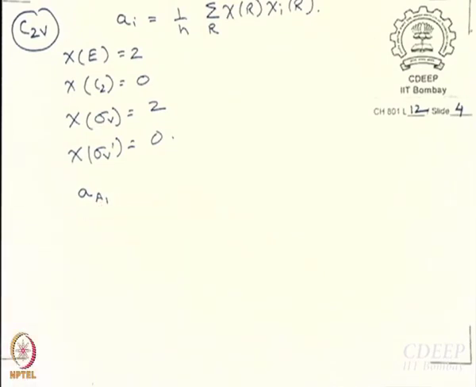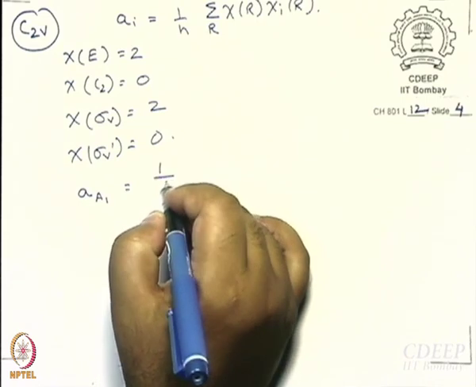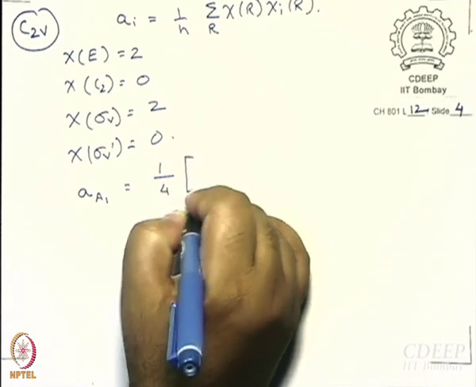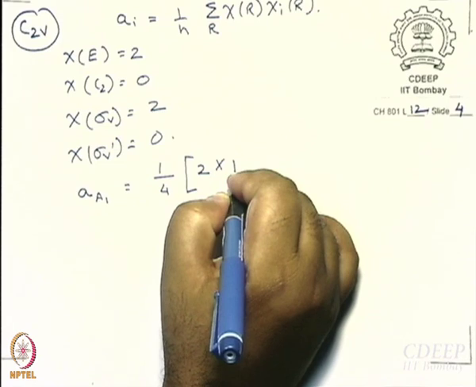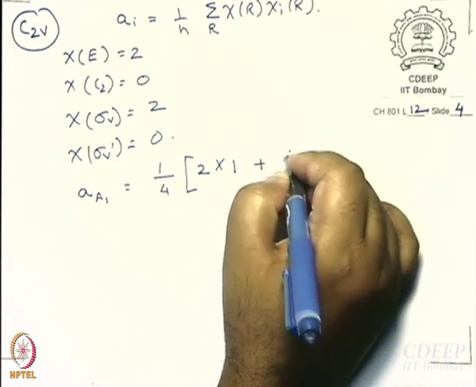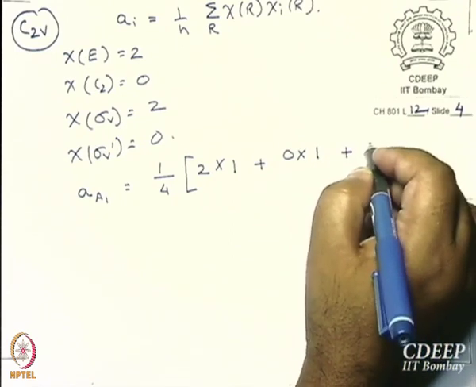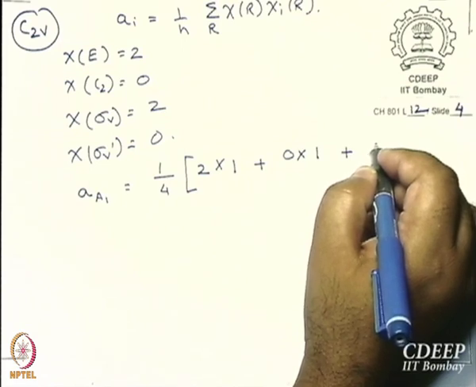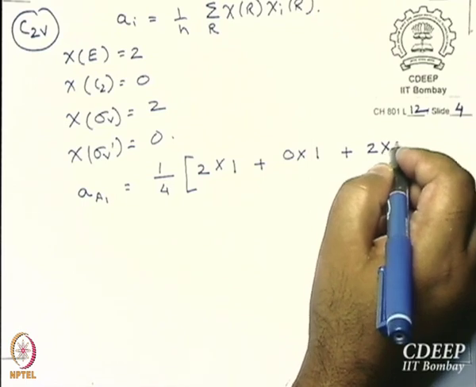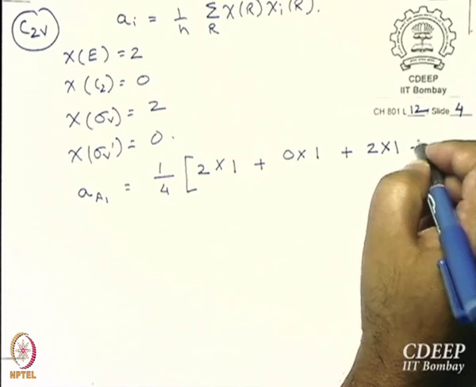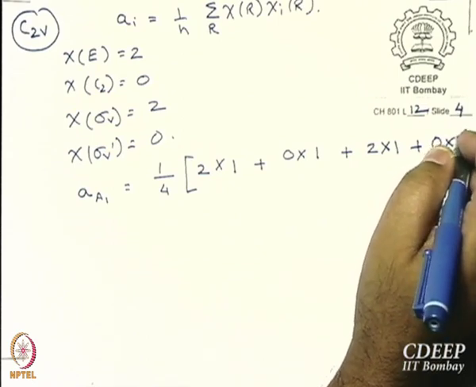I could also write small a1, just to make it more obvious, will be equal to, what is h? 4, everybody is convinced, h is 4, multiplied by chi of E is 2, multiplied by chi_i of E is 1, right, plus chi of C2 is 0, multiplied by chi_i of C2 is 1, plus chi of sigma v is 2, multiplied by chi_i of sigma v is 1, plus chi of sigma v dashed is 0, multiplied by chi_i of sigma v dashed is minus 1.